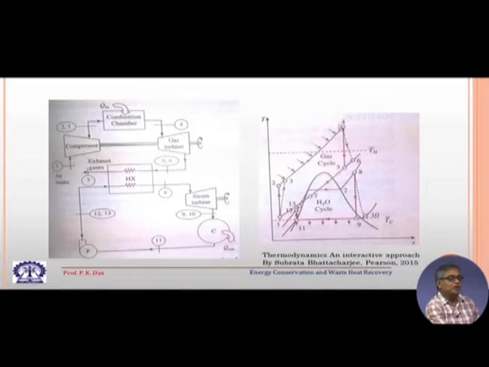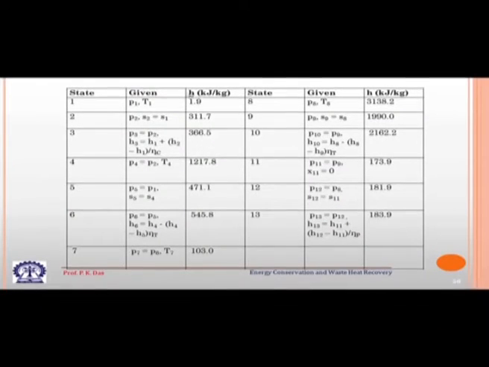For each of these points we will try to determine the property, particularly enthalpy, because enthalpy will be needed for our calculation. So, first point, this is the gas cycle, P1 and T1 are known, and from there we can calculate the enthalpy.